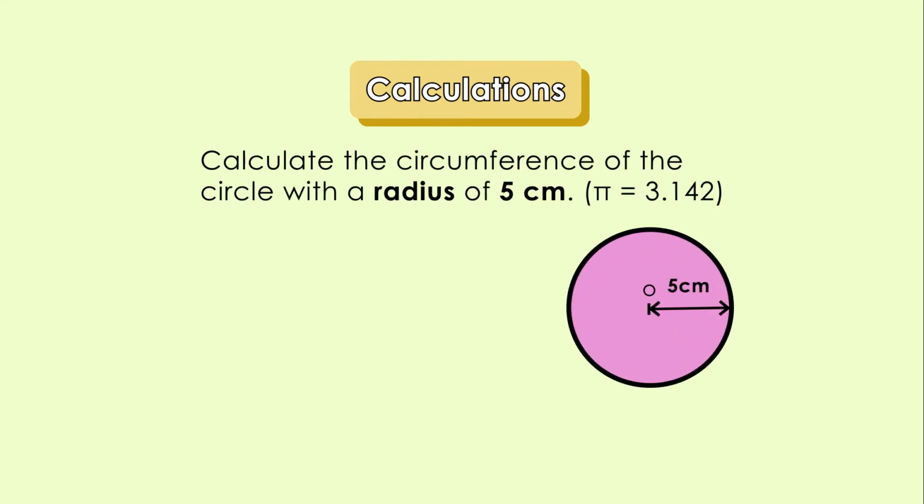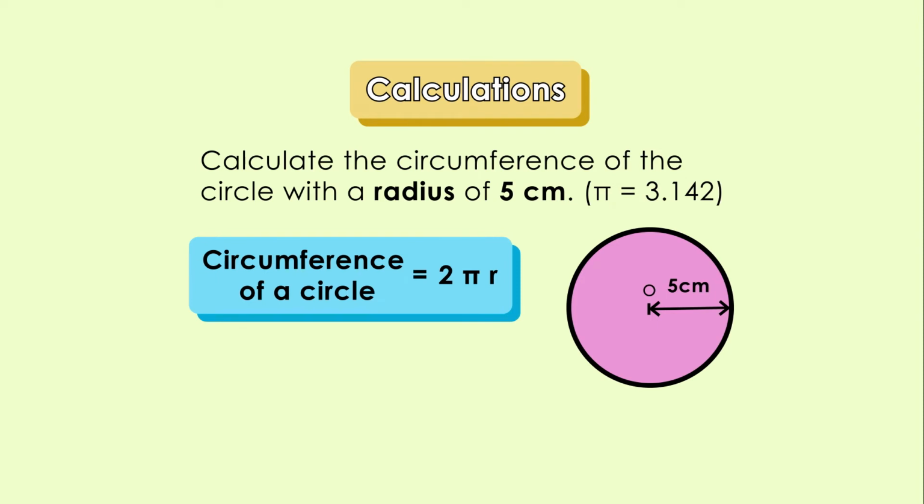Now, let's do some calculations. Calculate the circumference of the circle with a radius of 5 cm. First of all, write out the formula for the circumference of a circle. The formula for the circumference of a circle is 2 pi r.